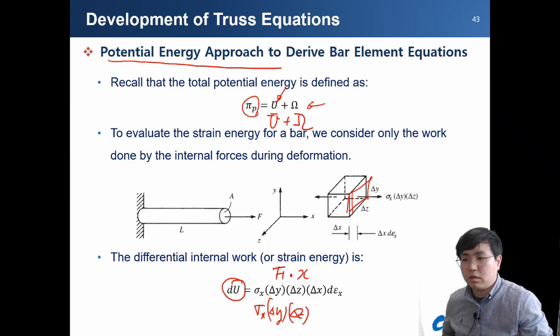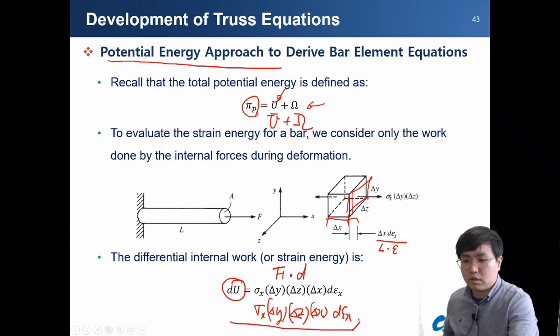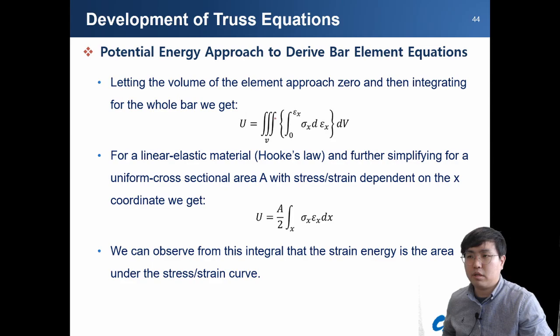And the displacement is equal to d, so if we have some length, the increment relative to the initial length is equal to the strain, so we can write those kinds of equations. This is internal energy. So this internal energy must be summed over the whole total volume element.